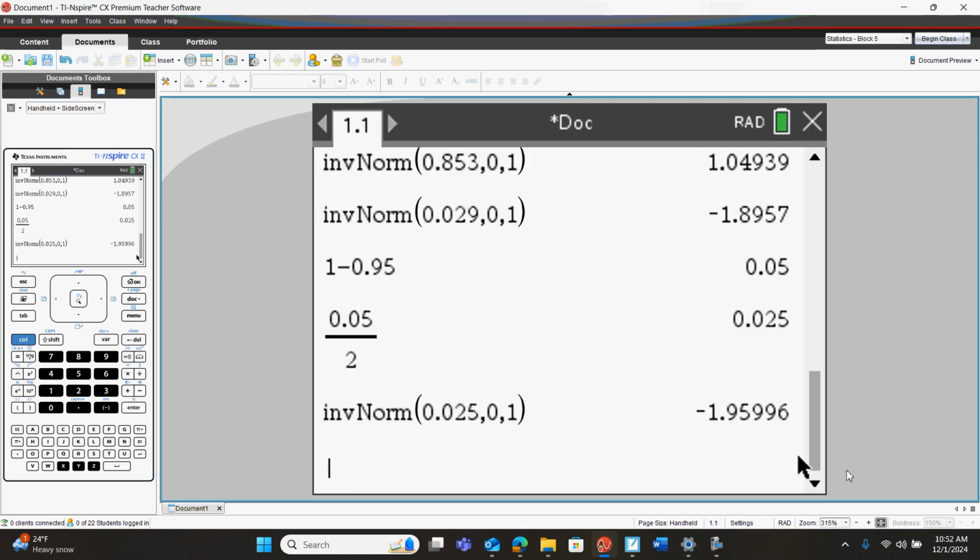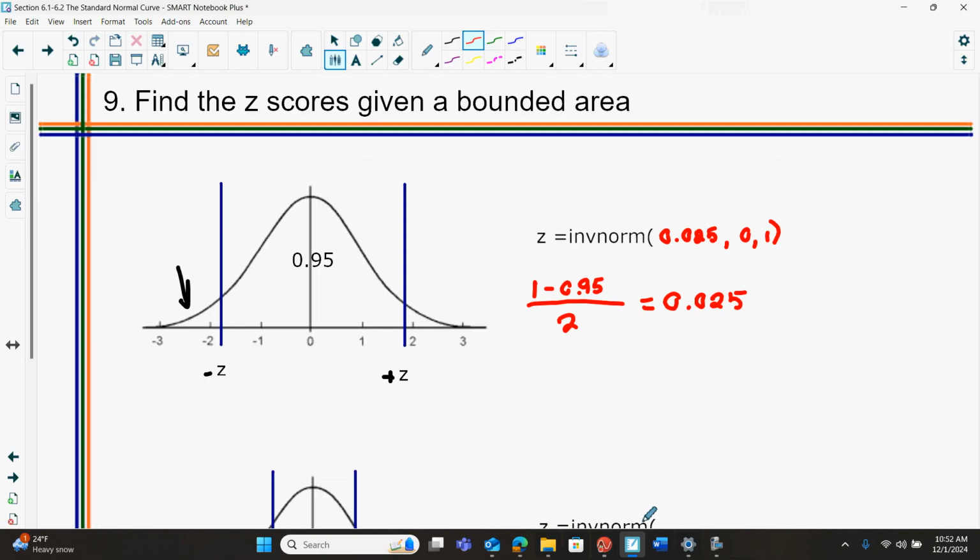And that's going to give us a z-score of -1.96 with rounding. Which means this one is -1.96, which makes this one +1.96. Our two z-scores are -1.96 and +1.96.